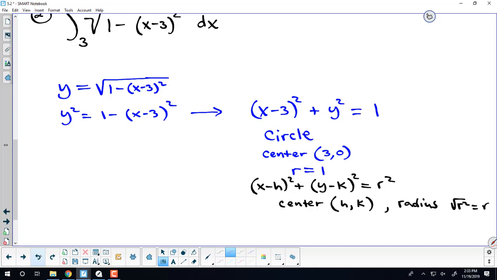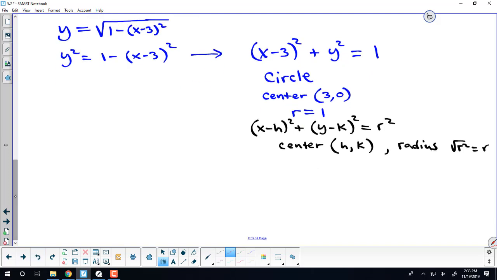But with the integral from 3 to 4, we're only finding the area from 3 to 4. So in this particular problem, we're finding the area of a quarter of that circle. So you just figured that out, and then pi r squared over 4. Yep. What's right here, top half?